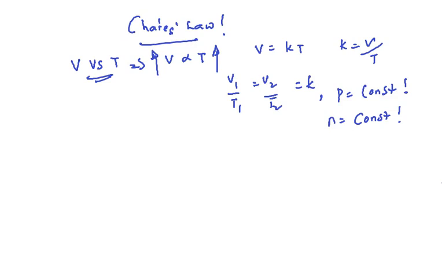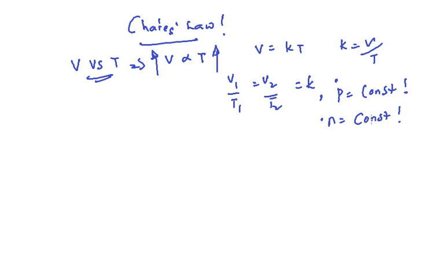Are you going to apply Boyle's law, Charles' law, or Avogadro's law? If you want to apply Charles' law, make sure that the pressure and the number of moles are constant. If there is a change between volume and temperature, the only law you should apply is Charles' law. If there is a change between volume and pressure, then it has something to do with Boyle's law.